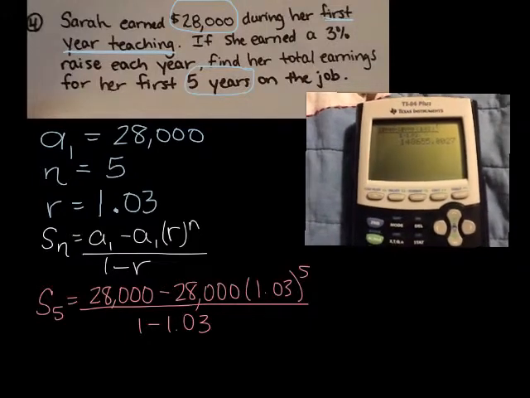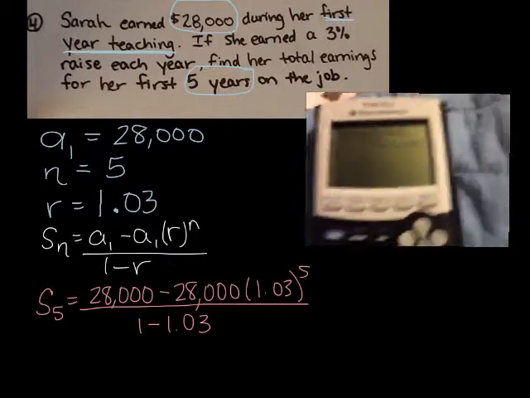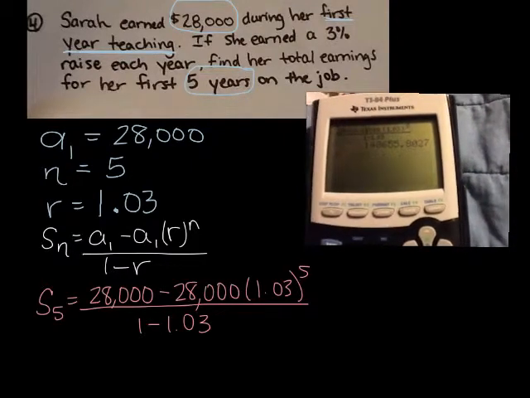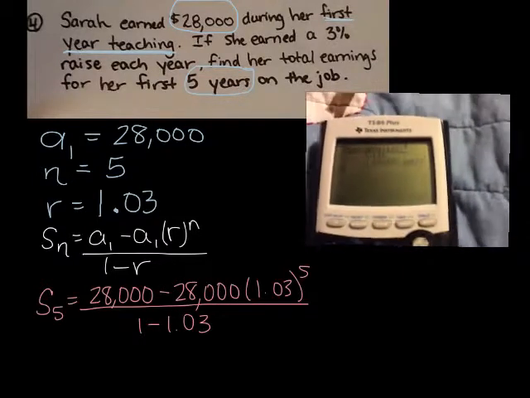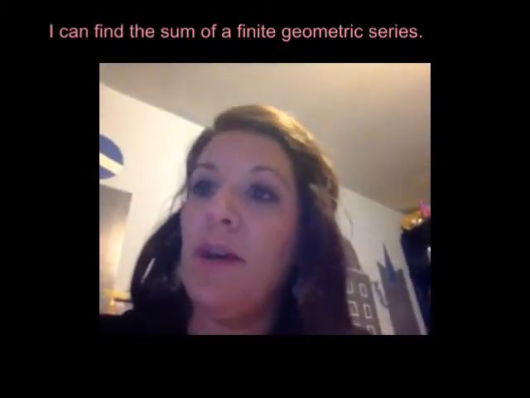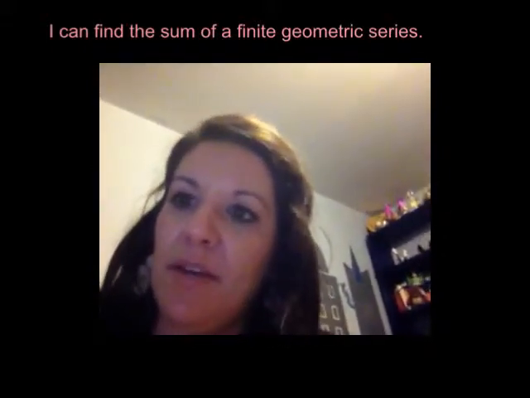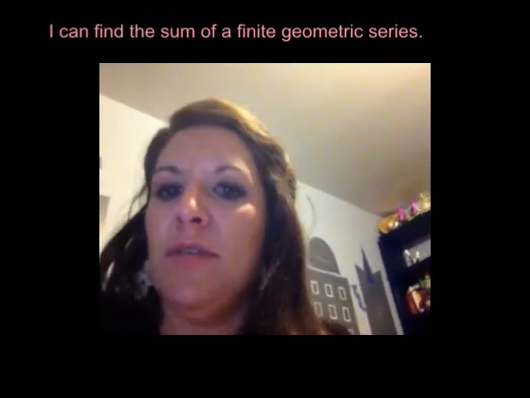So our sum of Sarah's earnings for the first 5 years on the job would be $148,655.80. So our learning target was, I can find the sum of a finite geometric series. Good luck, and I hope you do well on the quiz today.